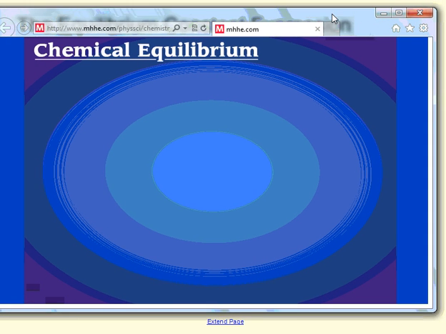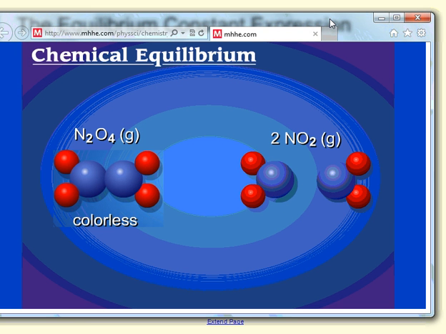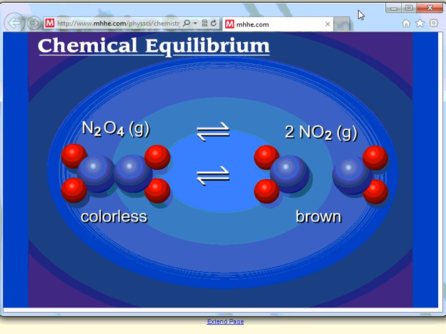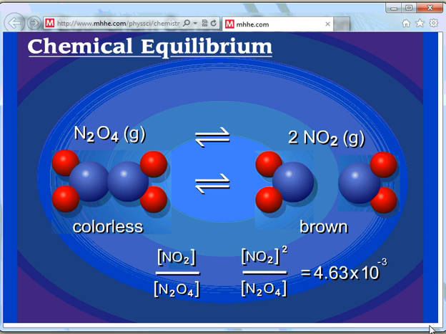Consider the chemical equilibrium between dinitrogen tetroxide, N2O4, a colorless gas, and nitrogen dioxide, NO2, a brown gas, at 25 degrees Celsius. Analysis of data for this equilibrium shows that although the ratio of the concentrations of NO2 to N2O4 gives scattered values, the ratio of the concentration of NO2 squared to the concentration of N2O4 gives a nearly constant value that averages 4.63 times 10 to the minus 3.